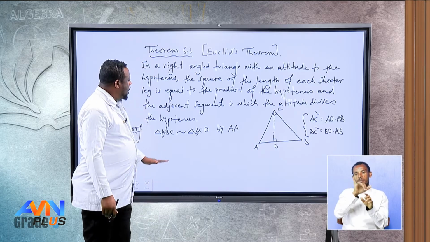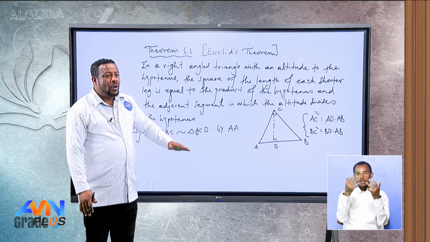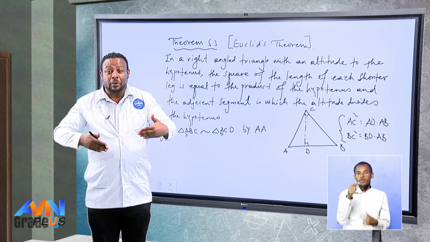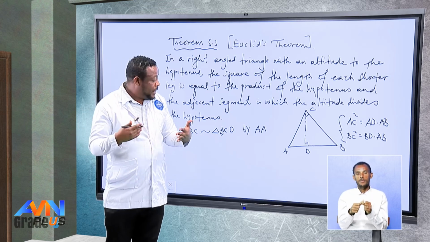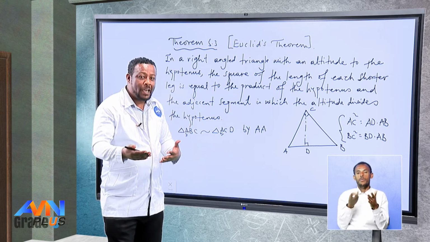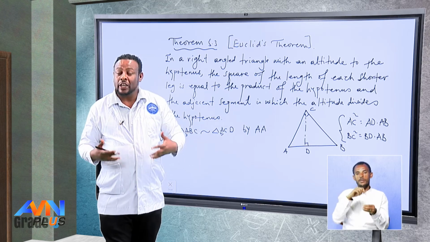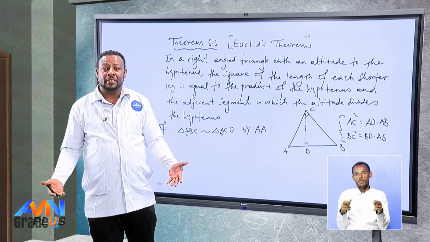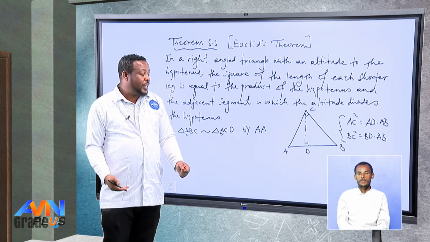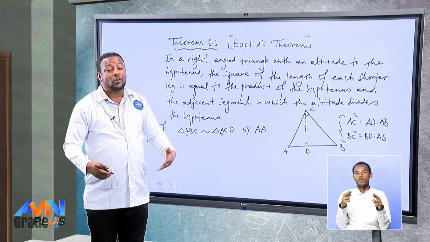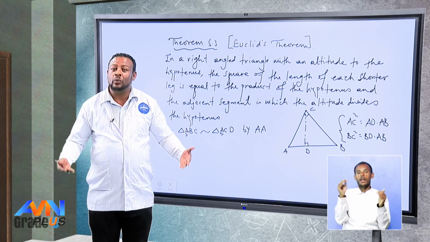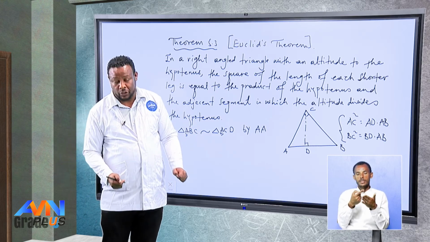Okay, now if you have two similar triangles, do you remember what we can say about the ratio of their corresponding sides? Well, if two triangles are similar, the ratio of the pairs of corresponding sides are congruent. We have seen this in the previous unit.